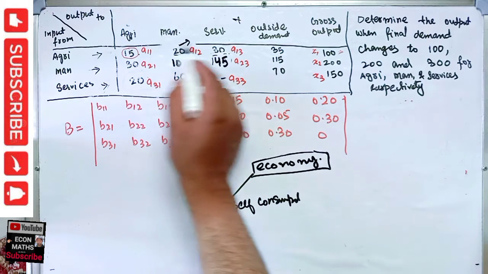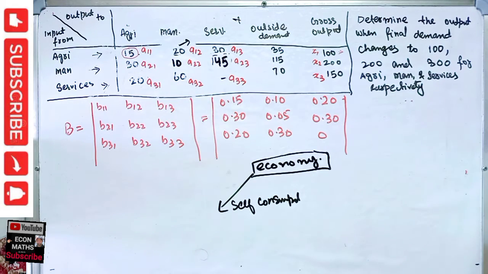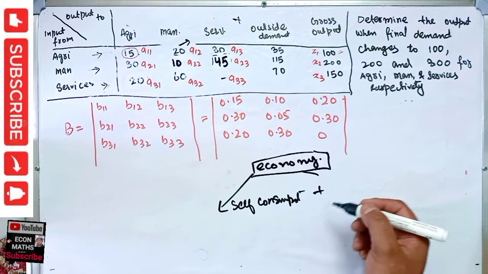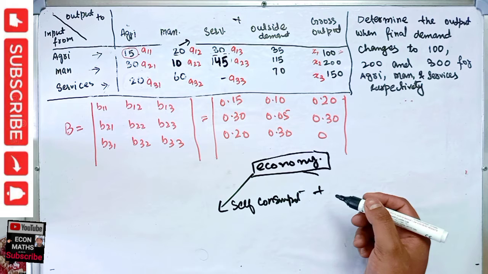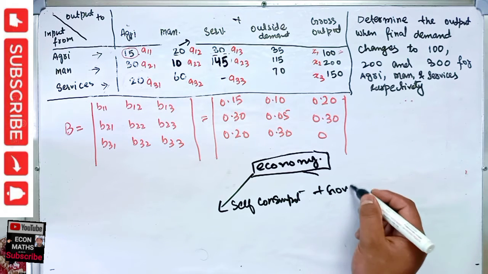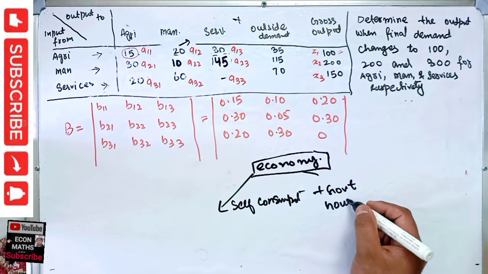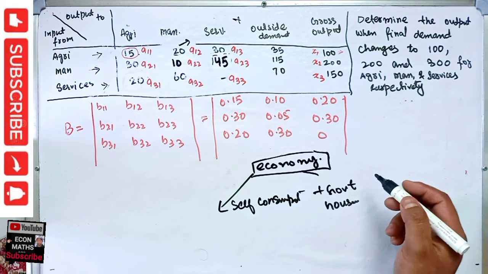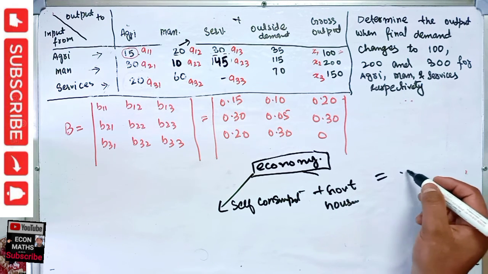Here we can see this is all the self consumption by the industries, that is, one industry is consuming the output of the other industry. Some part would be demanded by the government sector, by government or household, which would be equal to our total output.